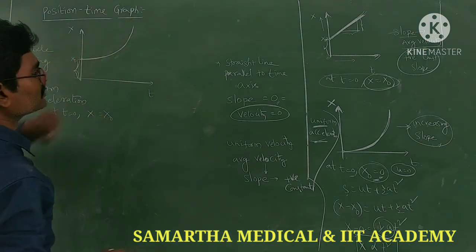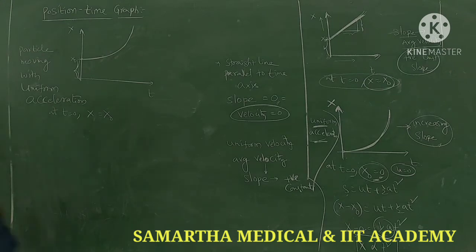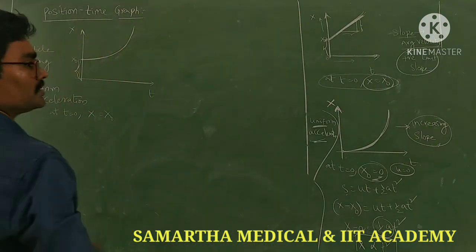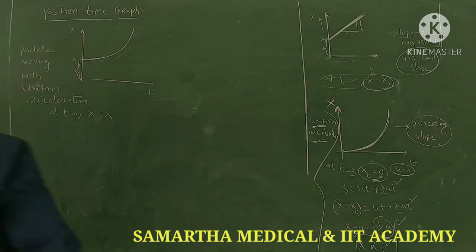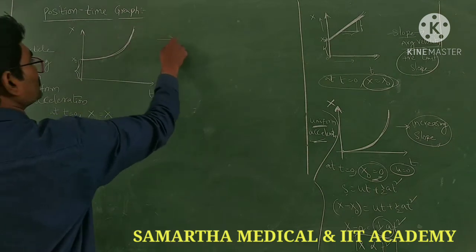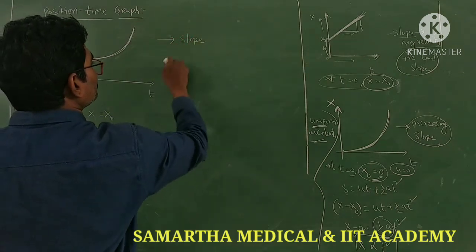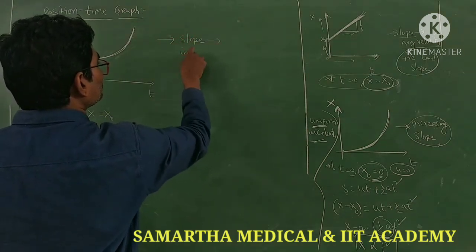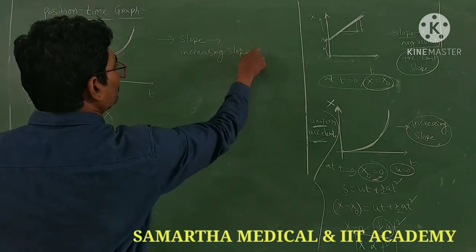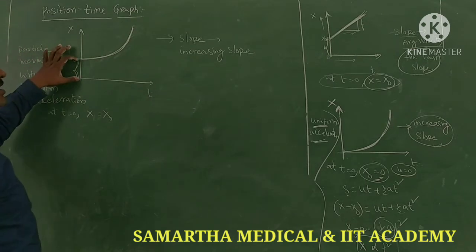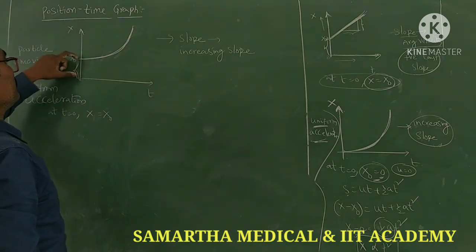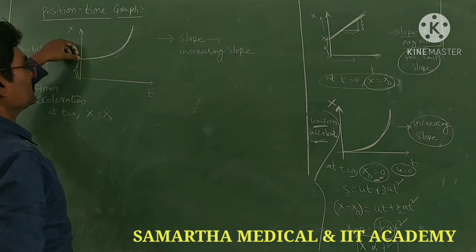So what does it represent? Like in the previous case, velocity is increasing. The slope is increasing, a positive increasing slope, but the particle started with some positive y-intercept, that is x naught.